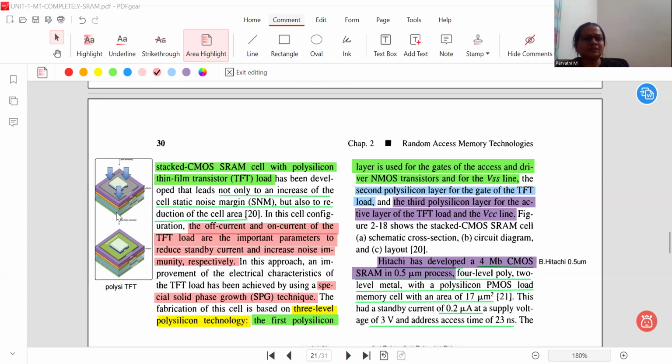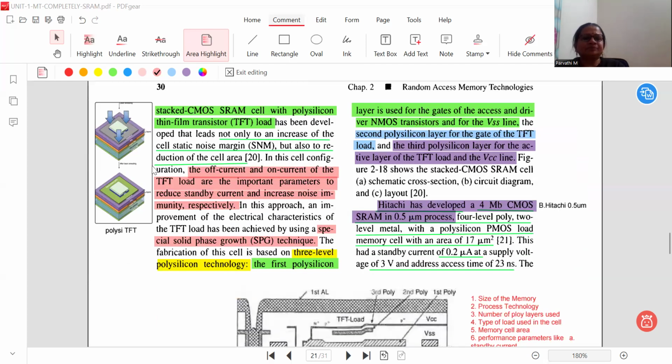That's why this technology is named thin film transistor load. It is developed in the stacked CMOS SRAM cell. This polysilicon thin film transistor, TFT load device, behaves like a load device, giving the advantage of increasing noise margin as well as space reduction.